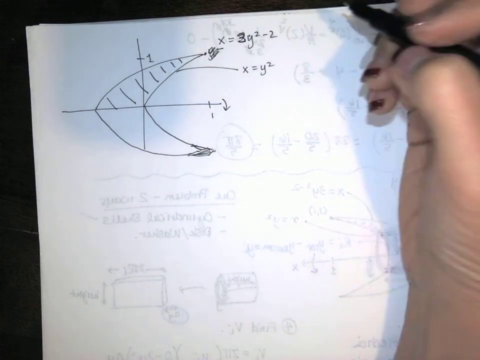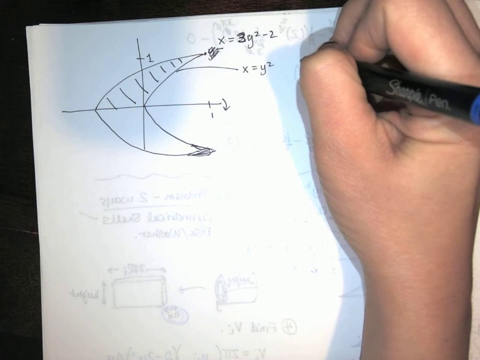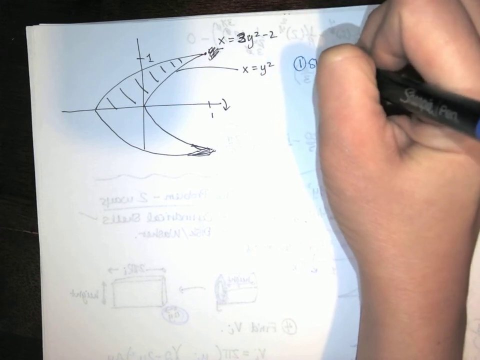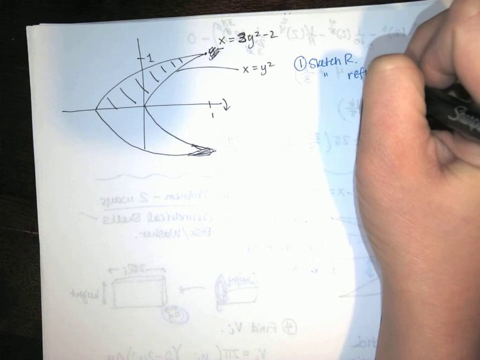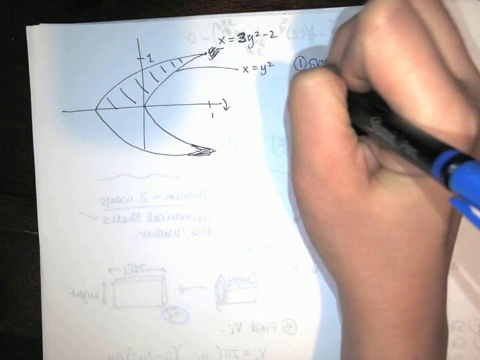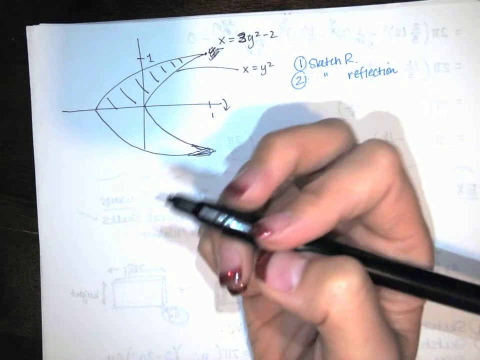Now remember, with the disc or washer method, instead of slicing parallel to that axis, which would be like horizontally, we're going to slice vertically.